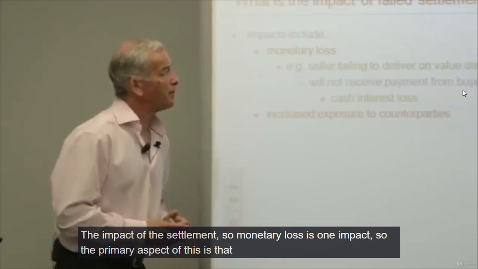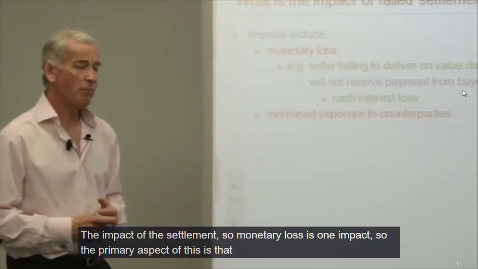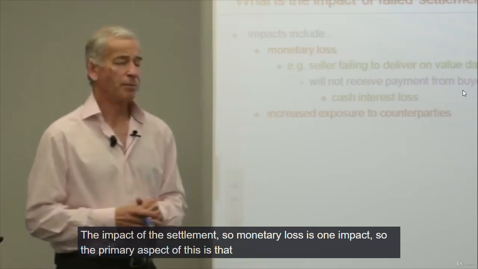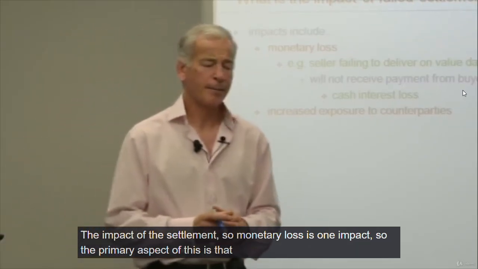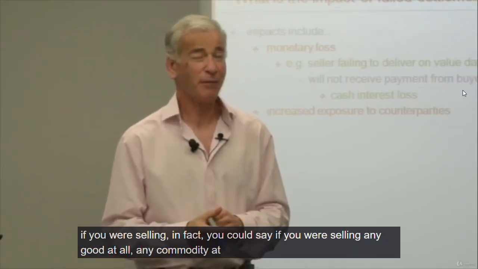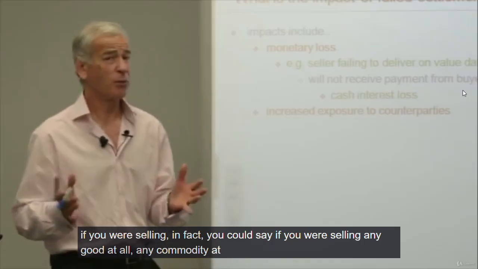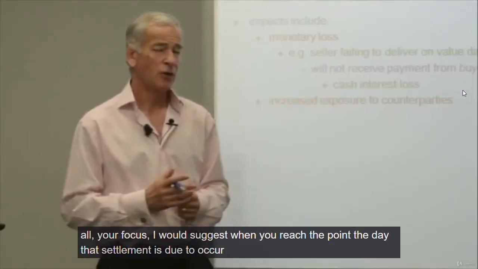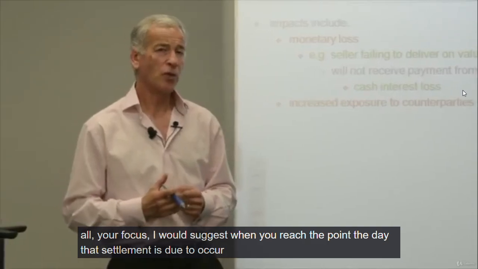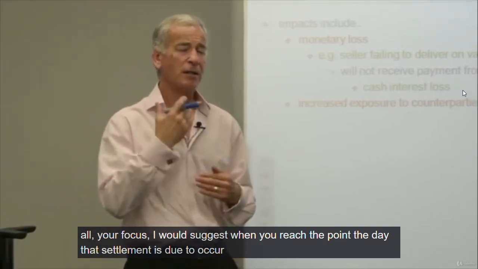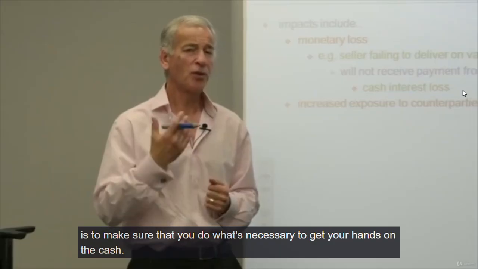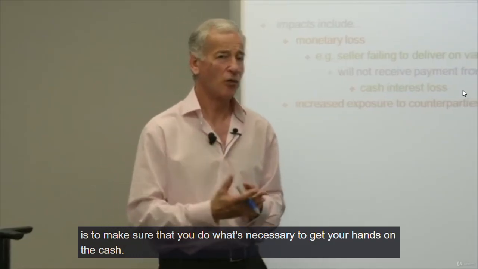The impact of failed settlement. So monetary loss is one impact. So the primary aspect of this is that if you were selling, in fact you could say if you were selling any goods at all, any commodity at all, your focus, I would suggest, on the day that settlement is due to occur, is to make sure that you do what's necessary to get your hands on the cash.